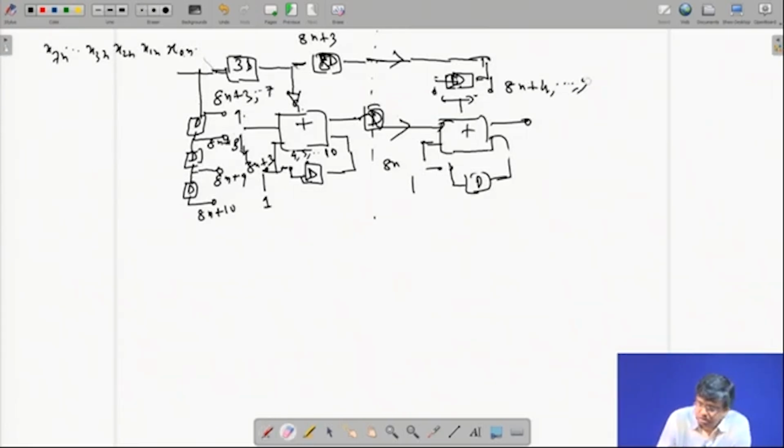Sorry, 4 dot dot dot dot 10. And this will be 8n plus 11. Alright, this will be 8n plus 11. Let me draw it a little later.